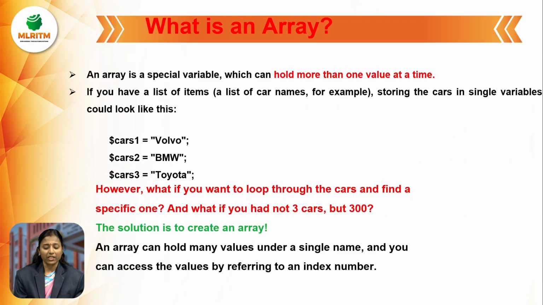For example, if you have a list of items, such as names, we will take car names. $cars1 is equal to Volvo, $cars2 is equal to BMW, $cars3 is equal to Toyota. In this format, the array will be defined.